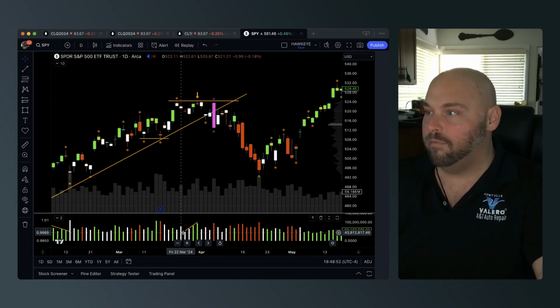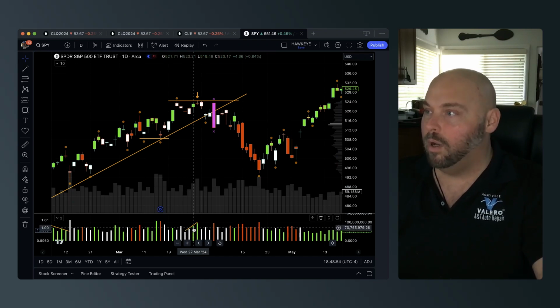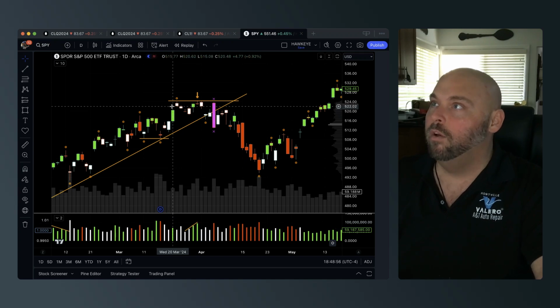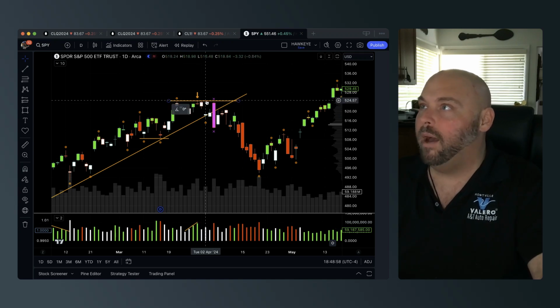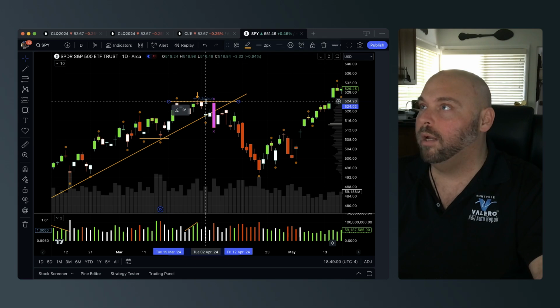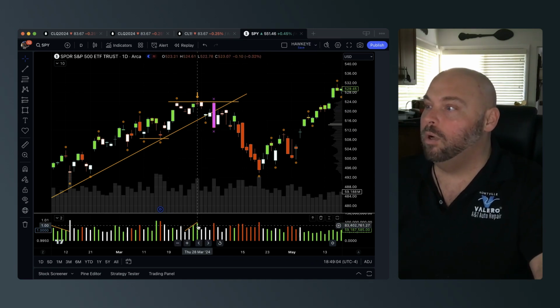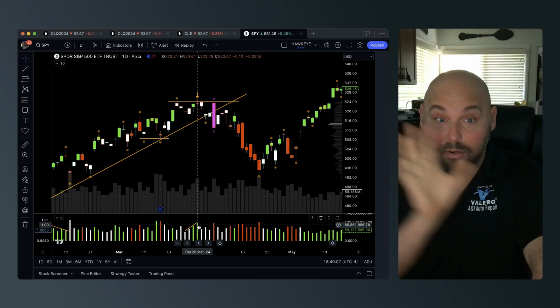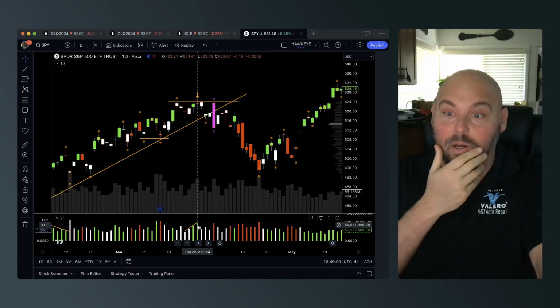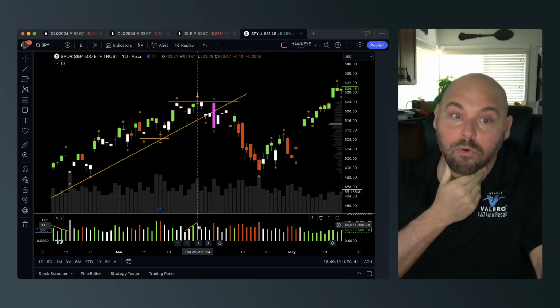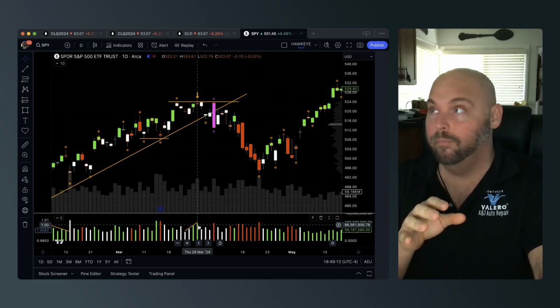Day one, day two, day three, failure to push above that prior high, the wick of that prior high, failure to close above it, notably compared to the prior several days of high buying volume. That tells me there's probably a reversal brewing.